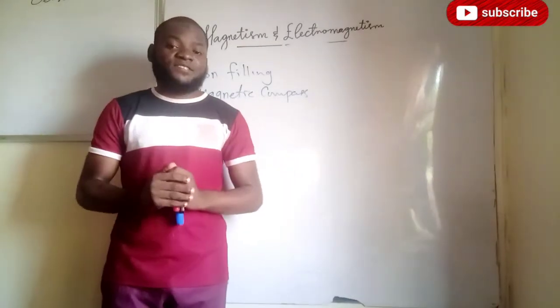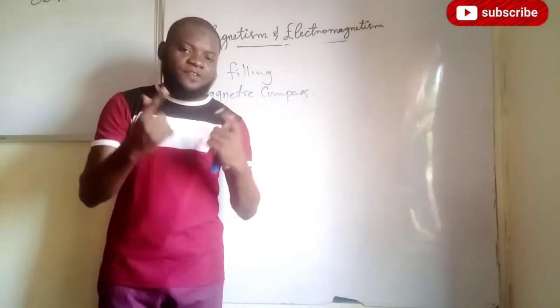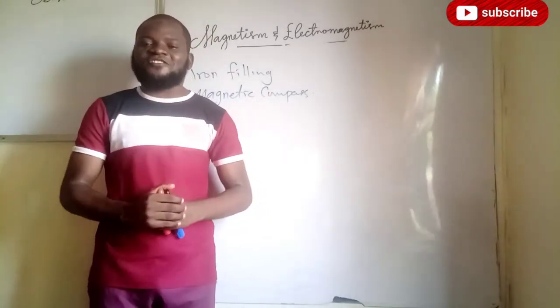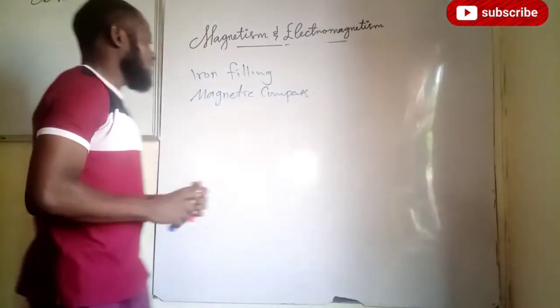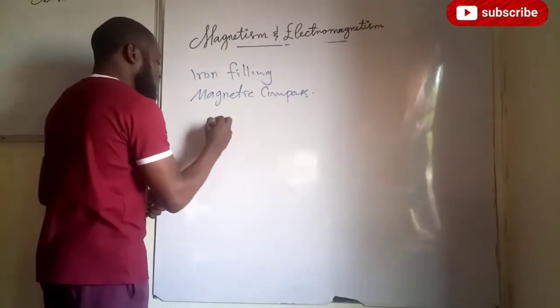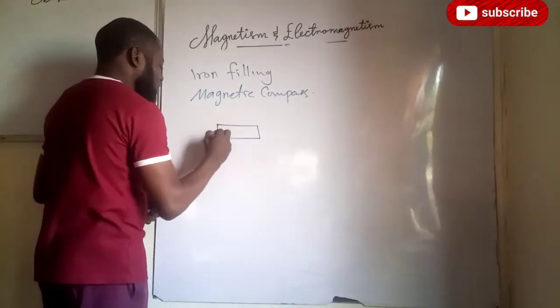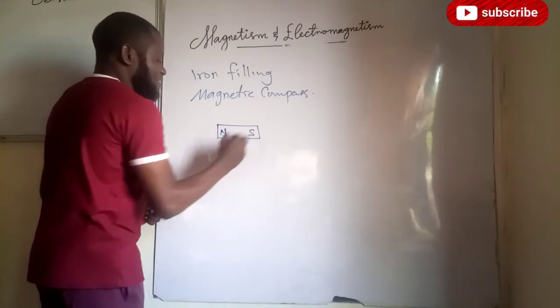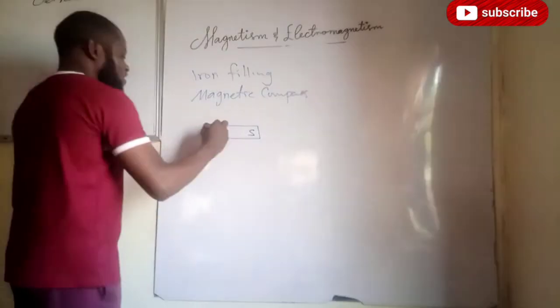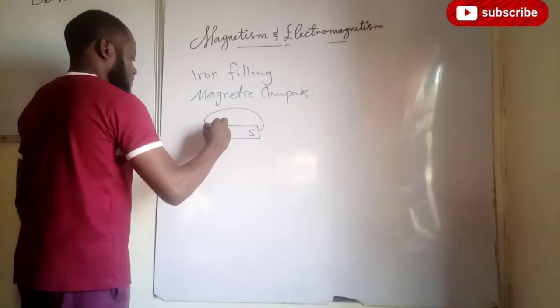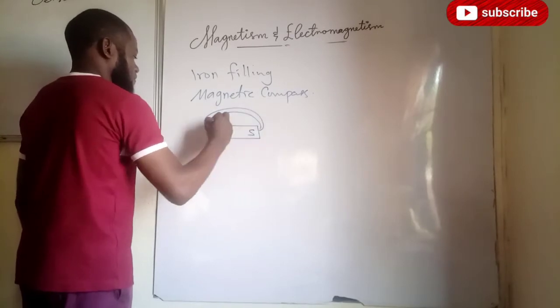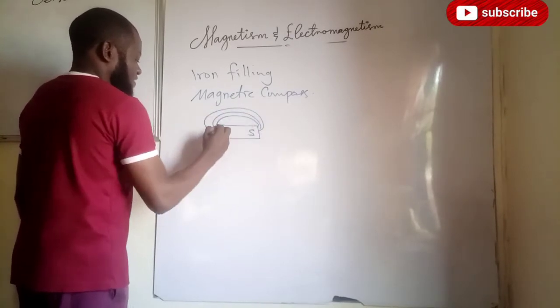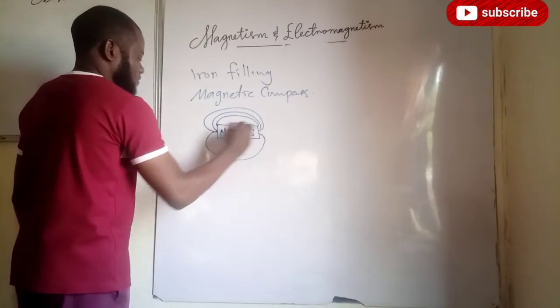I know you would like to see how the field will look. I don't have the picture yet. I would have shown you on the screen, but I can show you on the board. Now, if I have a magnet like this, if this is the North Pole and this is the South Pole, this will look like this, and the same thing like this.